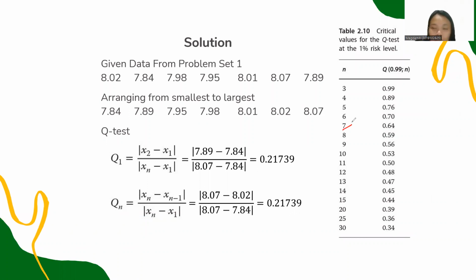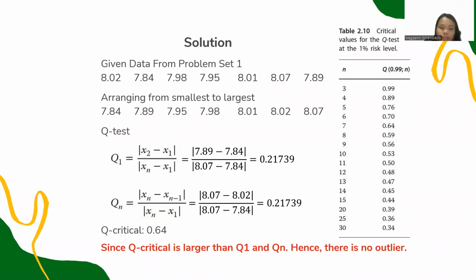So the critical value of our Q is 0.64. Since Q critical is larger than Q1 and Qn, there is no outlier in this data set if we use Dixon's method.